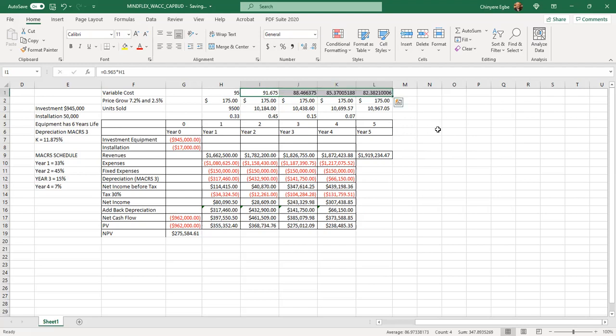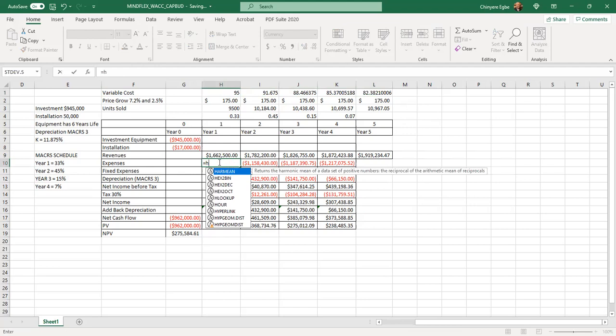It will go to $82 by the final year. So expenses will equal H1 times the quantity, units of sales, times H3.